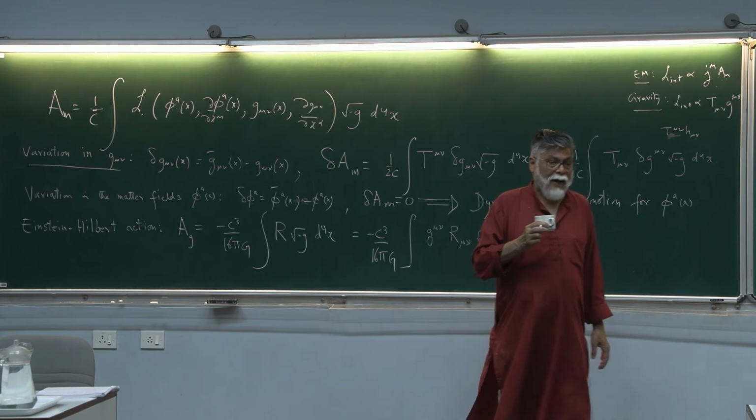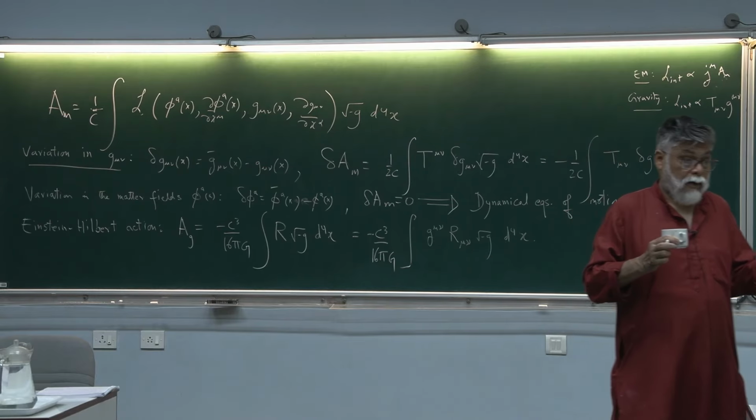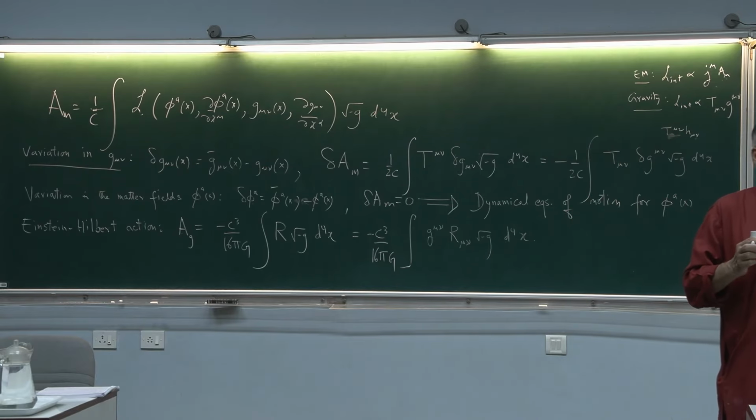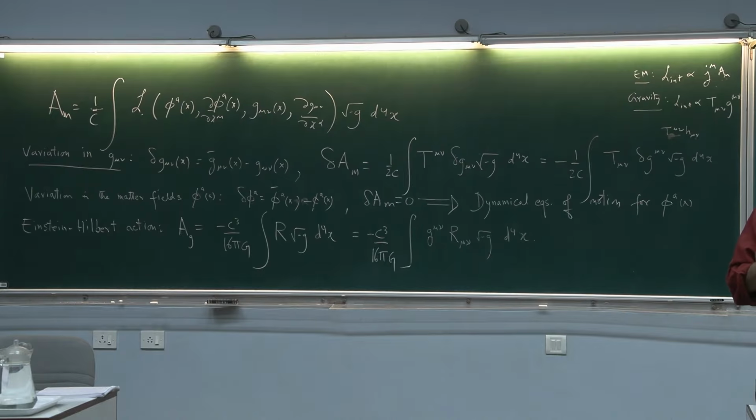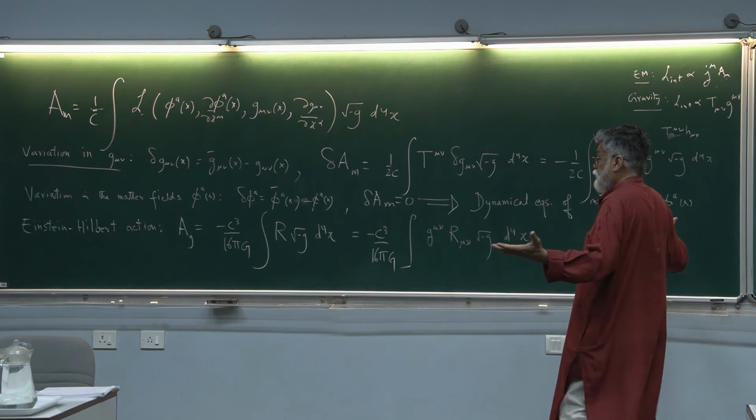So let's go ahead and ask ourselves that. Look here, now the metric is no longer a kinematical quantity that has been introduced just to get an action that is invariant under general coordinate transformation. Now Einstein comes and tells us that the metric is a dynamical quantity itself.